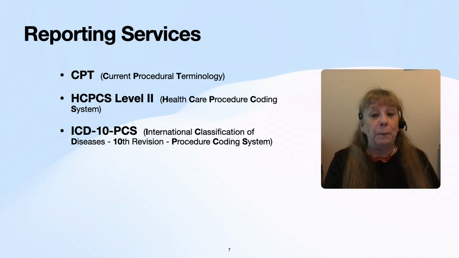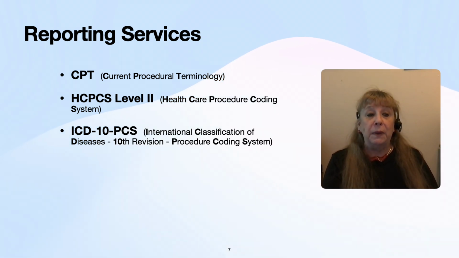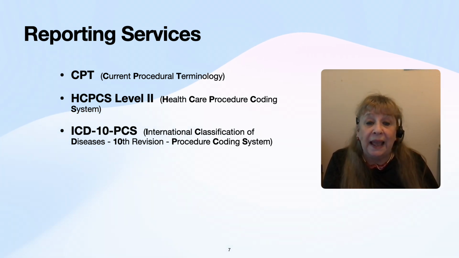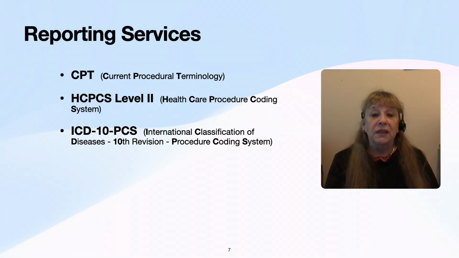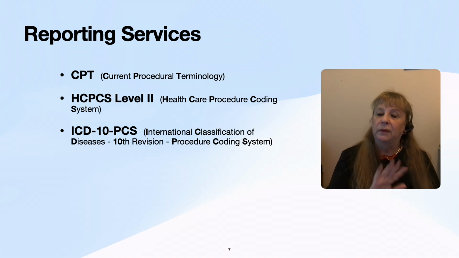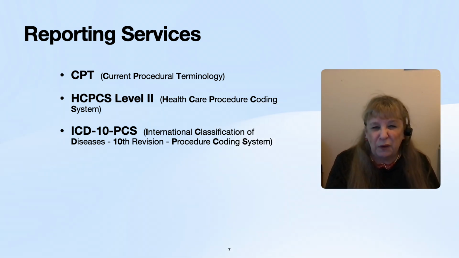And then if the patient is being cared for in an acute care facility, in a hospital, then you may be interpreting into ICD-10 PCS, Procedure Coding System. This is only used for hospital services. Don't worry about it. You're going to learn all about it. That's my favorite, by the way.